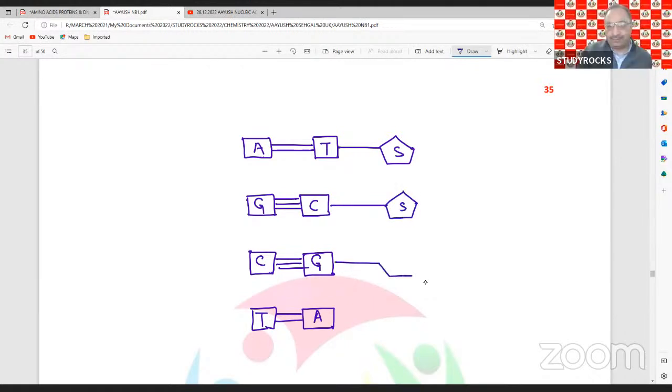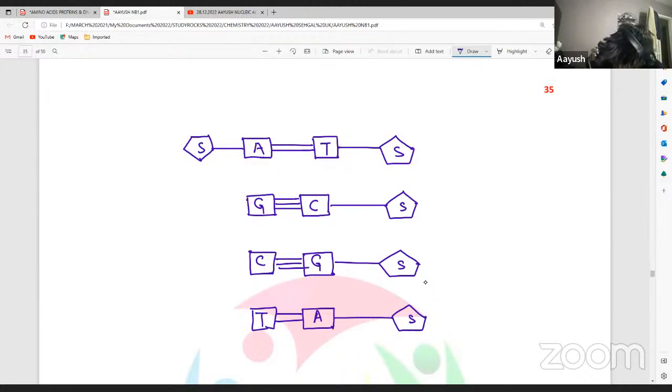Pentose sugar. And on the other side, you draw in the opposite manner, because the two strands run in opposite directions. Anti-parallel.